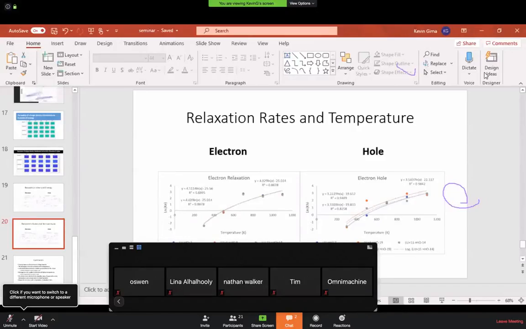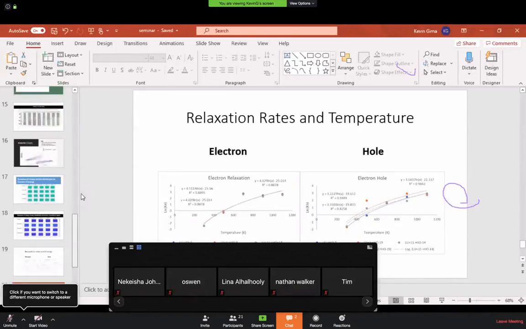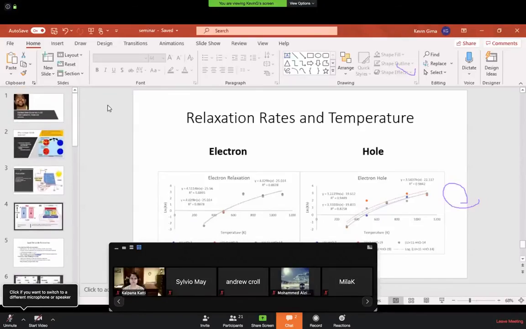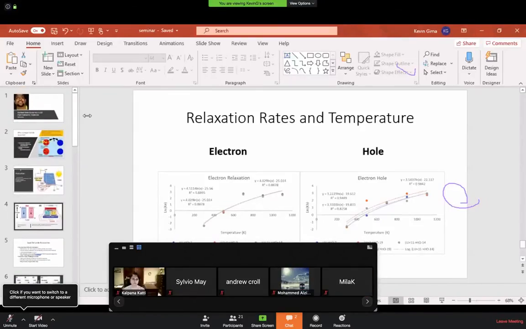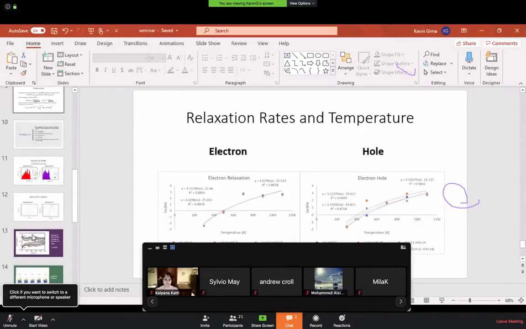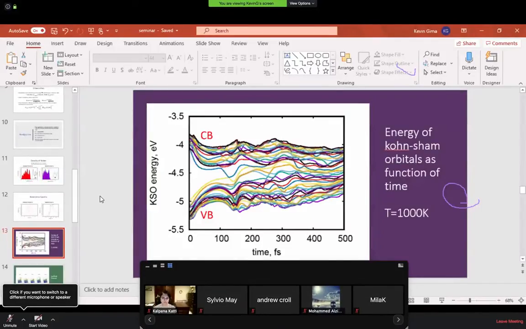I got a question after seeing your energy band diagram. I'm just wondering, how did you prepare your model to run molecular dynamics at 1000 Kelvin? Initially it shows that the band gap is very wide open, and it closes after a couple of femtoseconds.